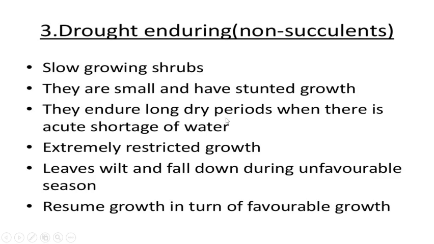They endure long dry periods when there is acute shortage of water. Extremely restricted growth, leaves wilt and fall down during unfavorable season to check the rate of transpiration, and resume growth in favorable conditions. These drought enduring non-succulent plants withstand long dry periods. The growth is very restricted.